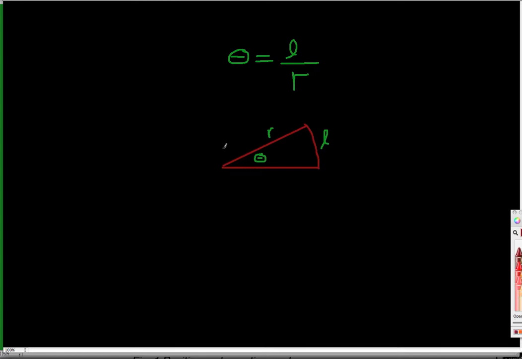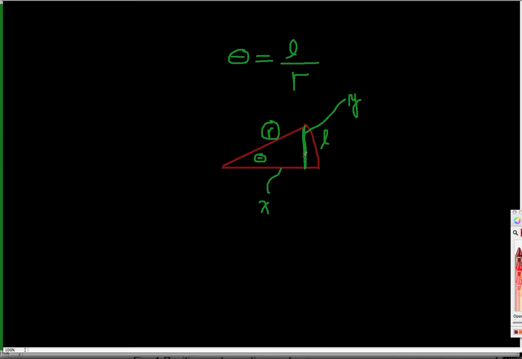Now, if we drop the perpendicular from here down to here, we'll say this line has length y, and this line right here has length x. Here we still have r, except r now is the hypotenuse of this right triangle.